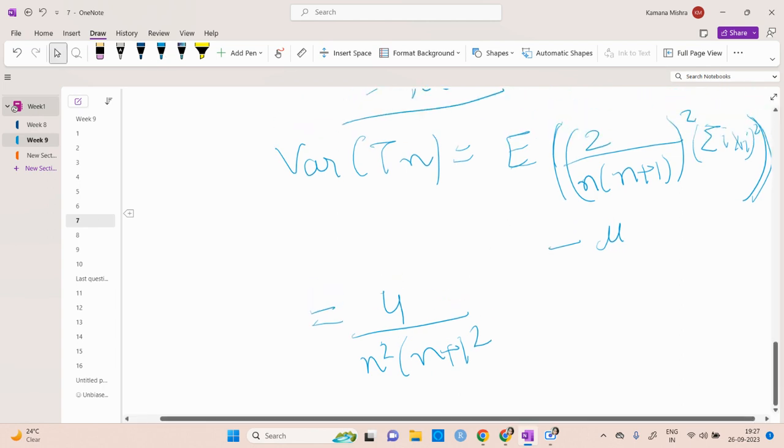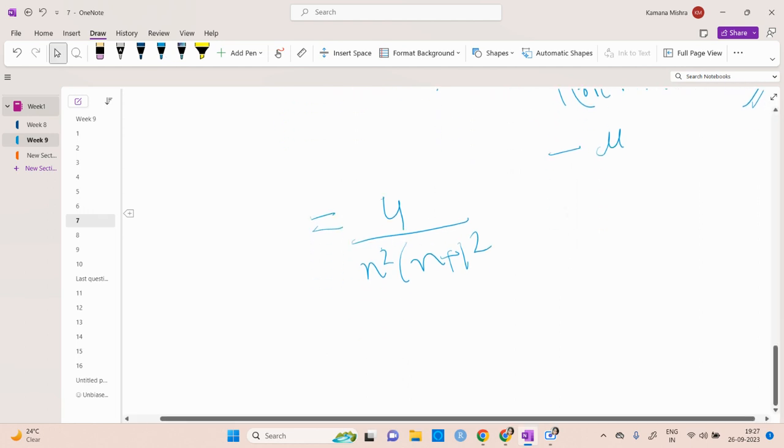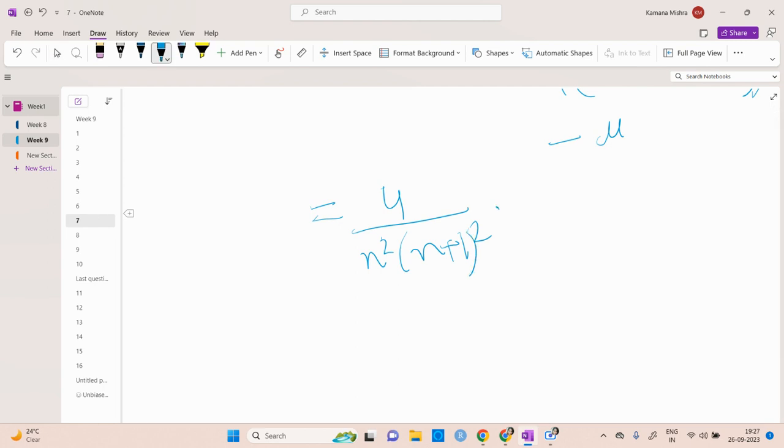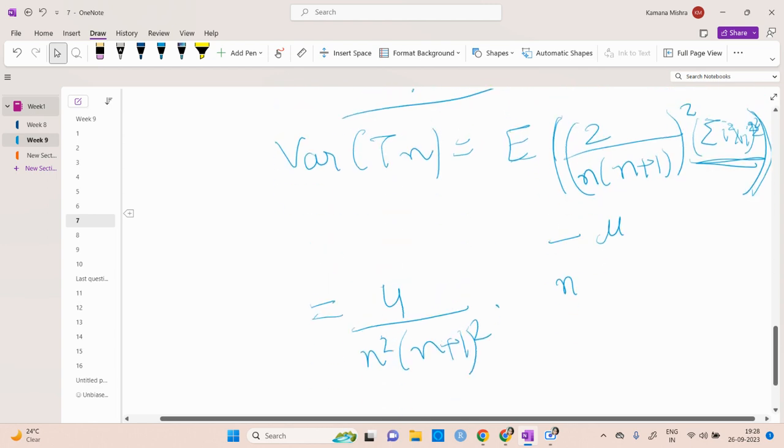Now the square of this will be what? Expectation of Xi squared, and then its square will be, let's say you have 1X1 plus 2X2. So its square is basically what?